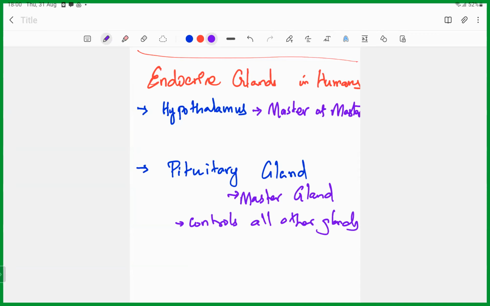How? See, hypothalamus secretes two types of hormones. One is called releasing hormone. Another one is called inhibiting hormone.